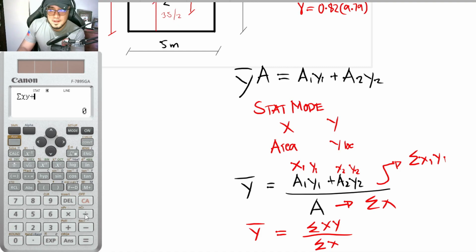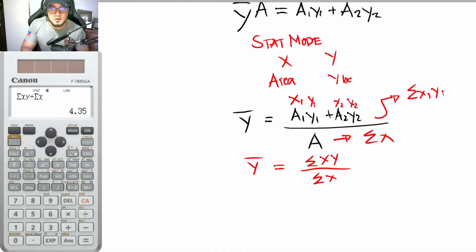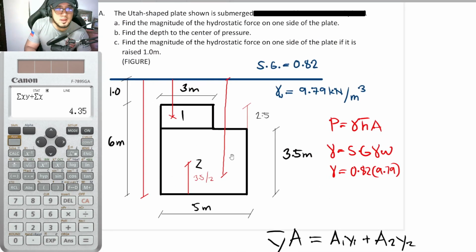And we would be dividing this by the summation of X. So apps once again, then go to 4, and select the summation of X, and that is 2. And equal sign, so with that, we can conclude that our bar Y is now equal to 4.35 meters. Okay, so that is our bar Y already, or bar H.